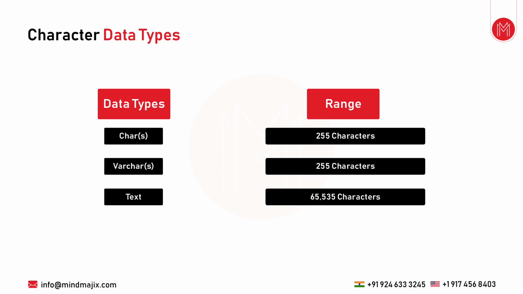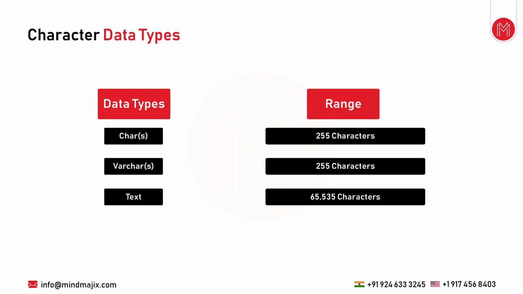For example, if you define char 30 and you supply a value of 3 characters, then only 3 memory blocks will be used out of the 30 that have been allocated to the char data type, and the rest, 27 memory blocks, will get wasted.